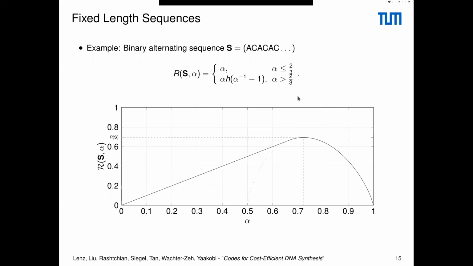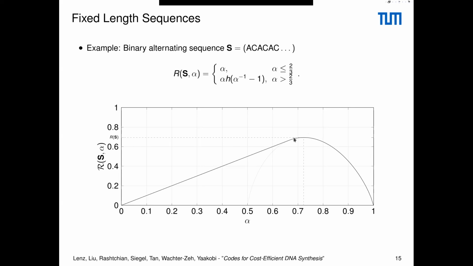Going through a small example, if we look at the binary alternating sequence AC, then using combinatorial results from subsequence coding problems, we can show that R of S and alpha, the maximum achievable information rate in bits per cycle for a specific length alpha, is given by this function, which if we plot it looks like this.